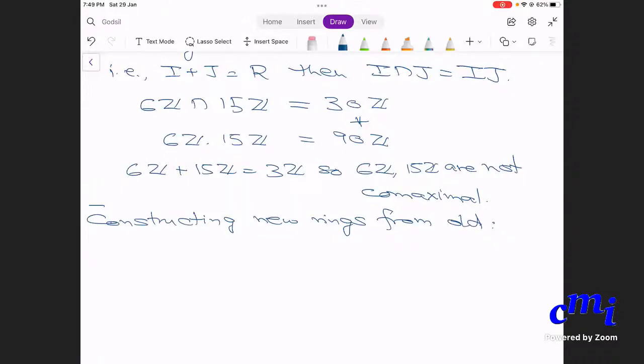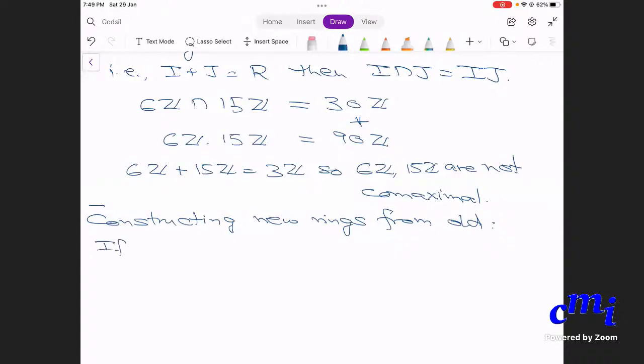For example, you know from group theory that if G and H are groups, then you can form a new group called G cross H. That's a construction which gives you a bigger group G × H from two smaller groups G and H. Similarly, there is a product construction for rings.